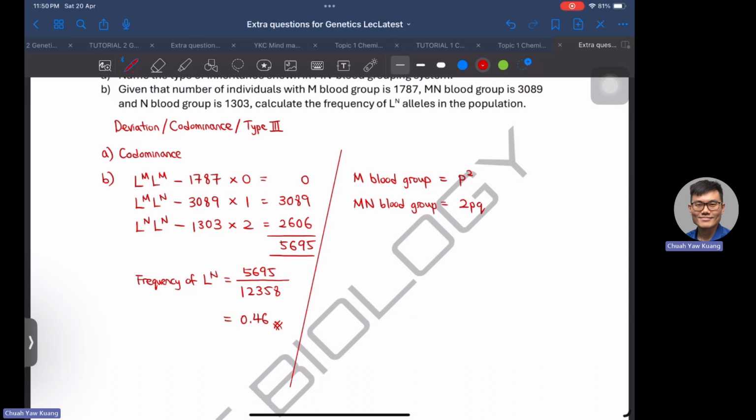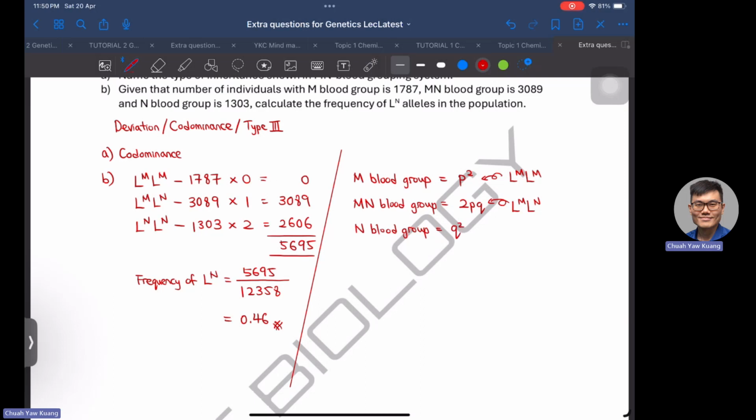Because M blood group is LM LM, right? So we will consider them as the P square, while this MN blood group is LM LN. They are heterozygous, so that's why we'll consider them as the 2PQ. While the N blood group, okay, we will consider them as the Q square.